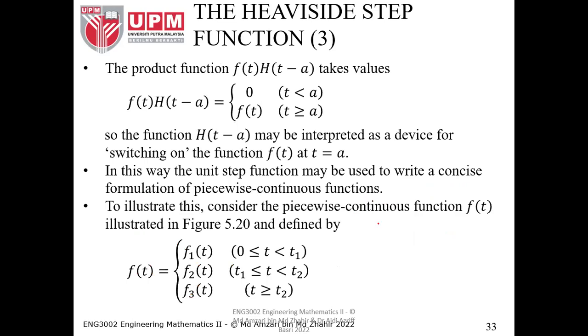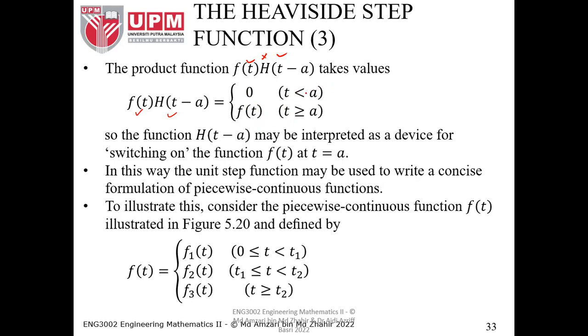So in terms of the Laplace transform, how do we take the product of f(t), this is your function, with the Heaviside step function? Your limit will be f(t) times H(t minus a), from 0 to infinity.